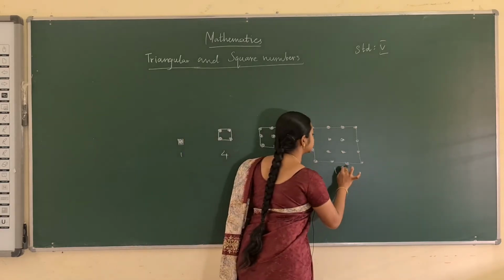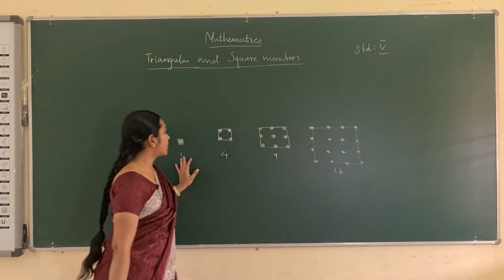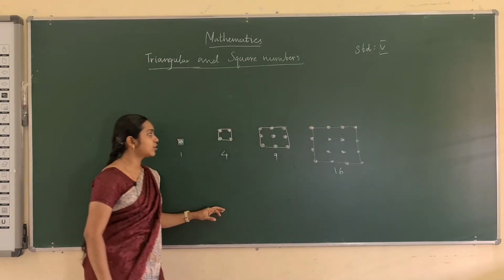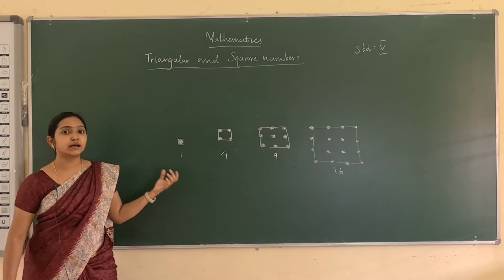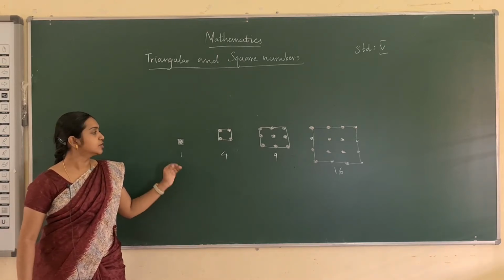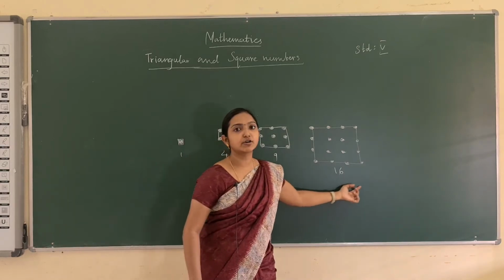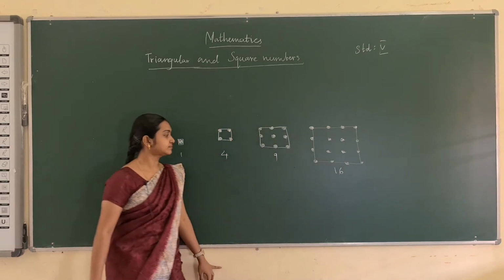Here 16 dots are used to form a square. So 1, 4, 9, 16 are called square numbers because the number of dots used to form a square is 1, 4, 9, 16. So they are called square numbers.